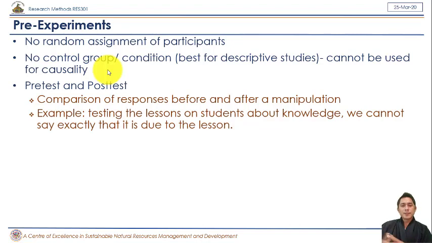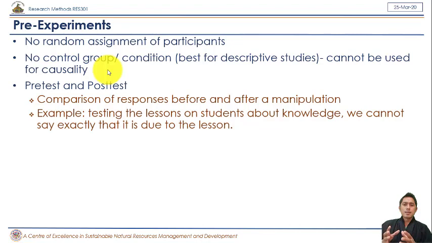Let's say that we have bark beetle infestation in a conifer forest, and let's say that we have got a new insecticide to reduce the bark beetle. So in pre-experiment, let's say we do not have any control group set for our study. We just have the bark beetle infested conifer forest.